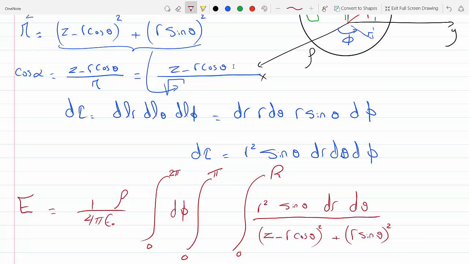But then there's cosine alpha, which will be, let me put it here, so this is dr d theta. So cosine alpha is z minus r cosine theta over the separation vector, and so there's the separation vector squared, and there's another one, so that's a square root, and the total power will be 3 over 2.